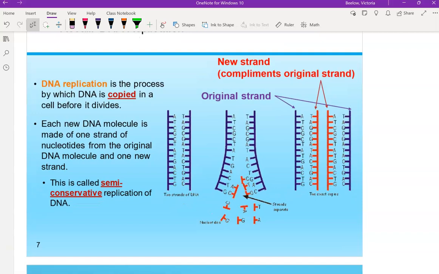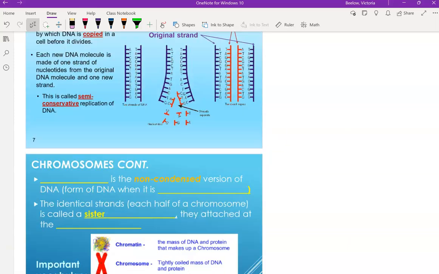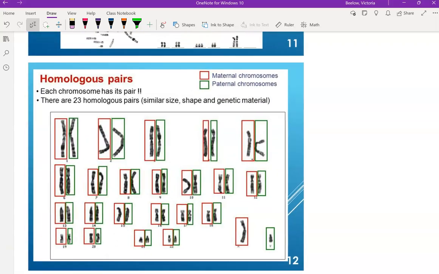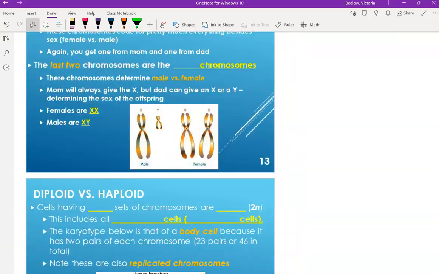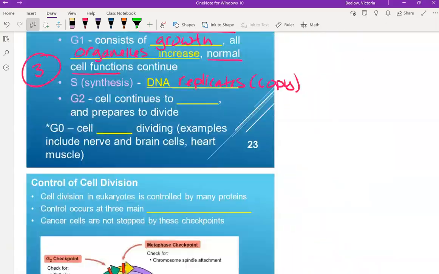You're unwinding that double helix. You're using helicase to do that. Use DNA polymerase to build a new complementary strand. And this is just a few bases here. I mean, we're talking millions of bases, and we're talking about all 46 of your chromosomes being copied. And everything will be identical.